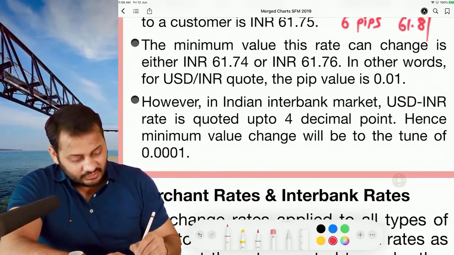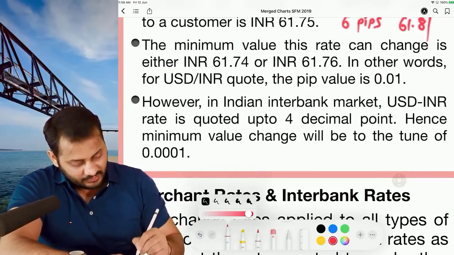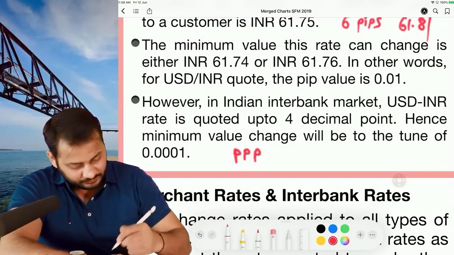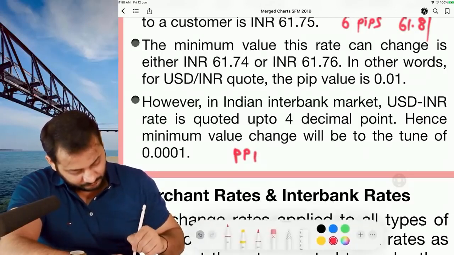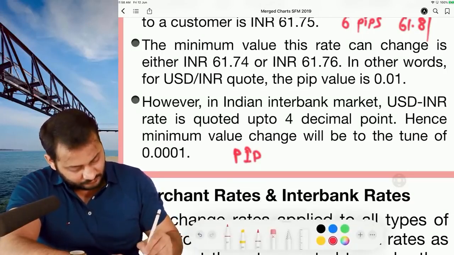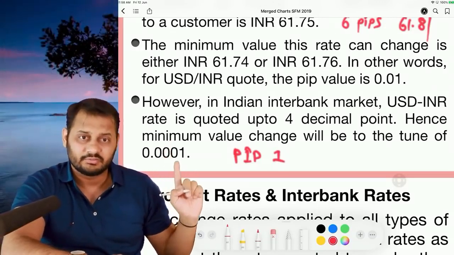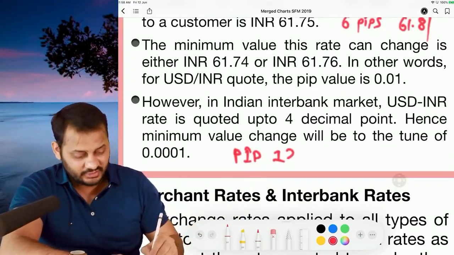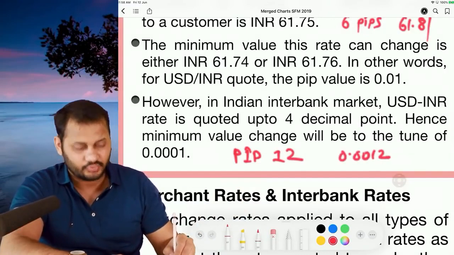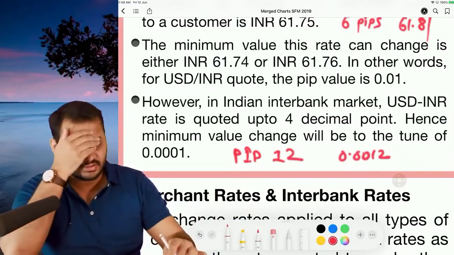When we say pip, here it means 1 only. This is 1, this is also 1, but it is in 4 decimals, so 0.0001. If I say 12, it means 0.0012. In the Indian market, it is like that.